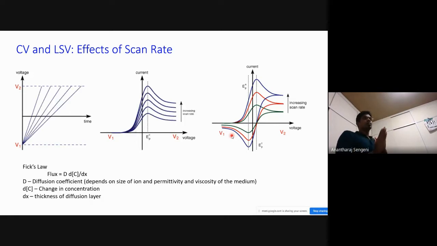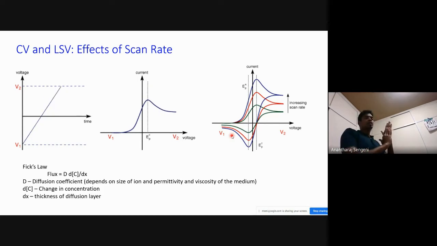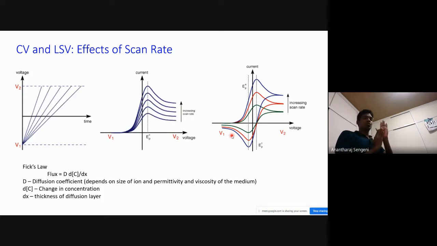Now we are going to connect a third half cell, which is the reference electrode. With reference to the potential of that reference electrode, we control the potential applied on the working electrode. This is what we do in a three-electrode system.